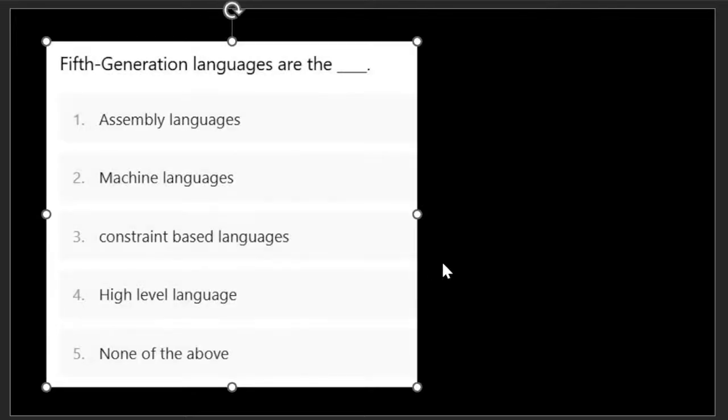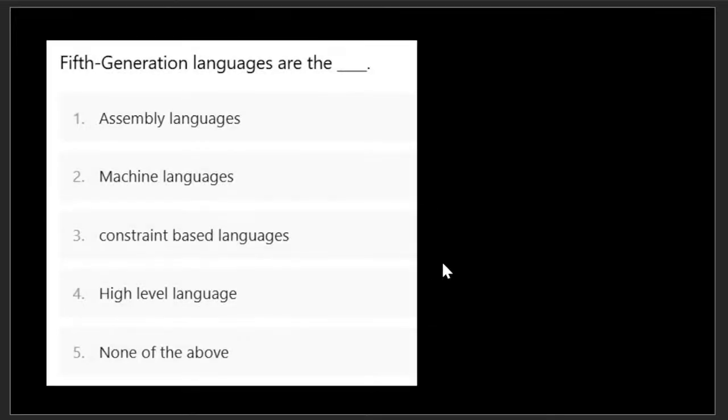So you have to be good in both, solving theoretical questions as well as conceptual questions. So the question is, fifth generation languages are: assembly languages, machine languages, constraint based languages, higher level languages, none of the above. So what do you think is the correct answer for this one? This is a very short session, but we are going to do a nice practice on this. So please be attentive everyone.